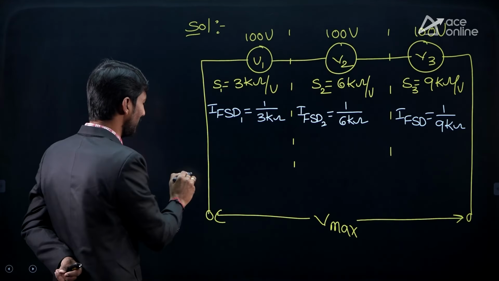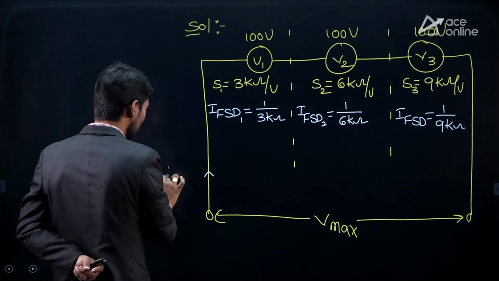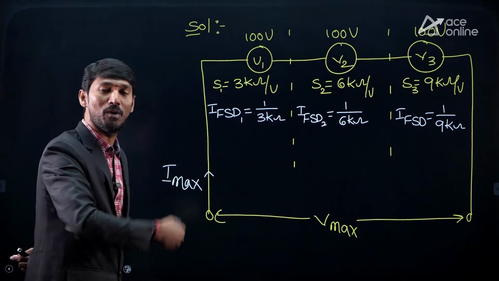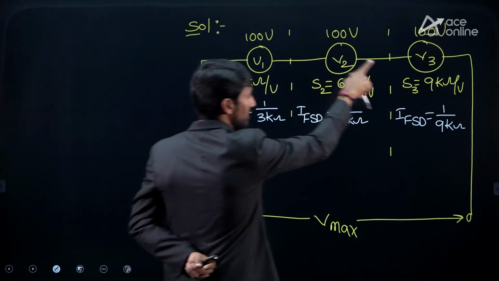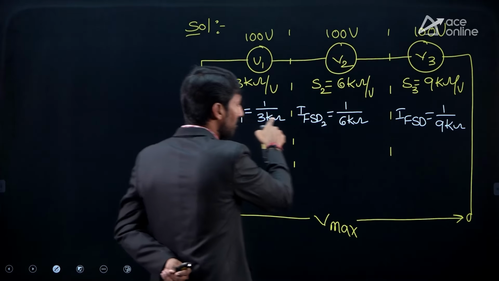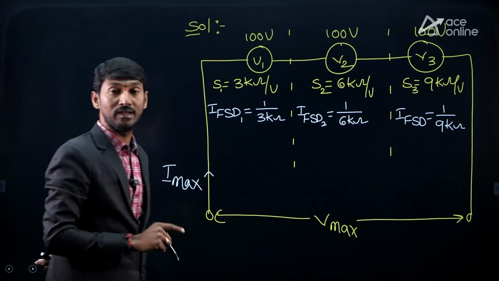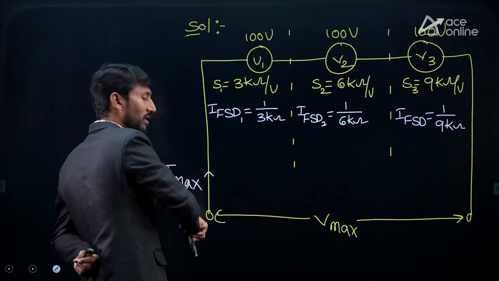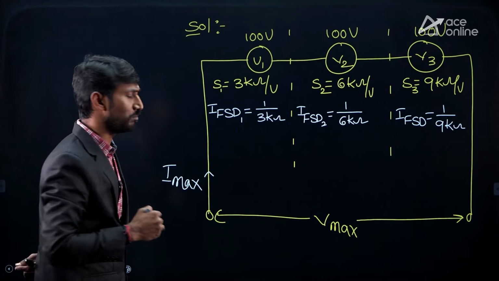The biggest task is, sir, with this combination, what can be the maximum current possible? With this combination, what is the maximum current possible? It means whatever the minimum current is there, that will be the maximum current flowing through this. Why, sir? Very simple.